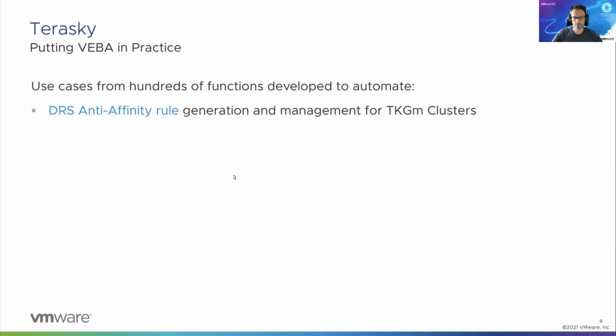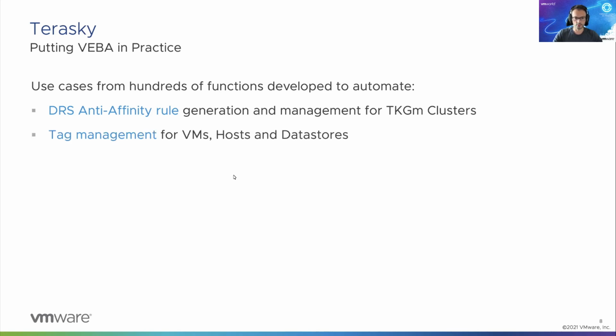And so in this case, to make sure that the actual VMs that the Kubernetes cluster is made of are evenly spread and distributed from a DRS perspective, Scott uses VEBA and events to trigger DRS rule generation based on new events that are, for example, created, or when VMs move through the cluster and are in an imbalanced state from an availability perspective.